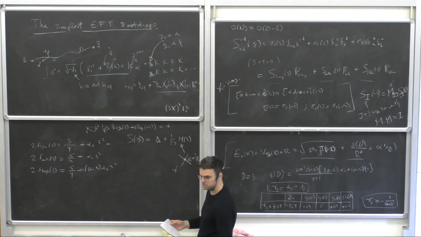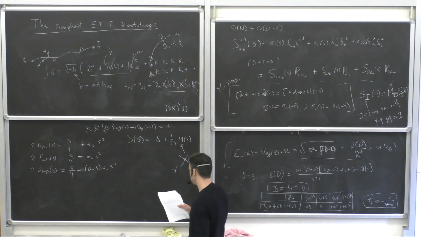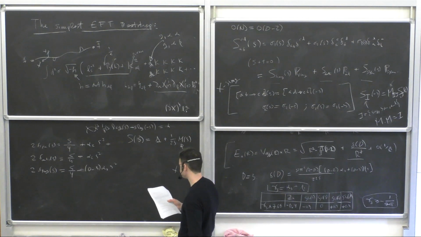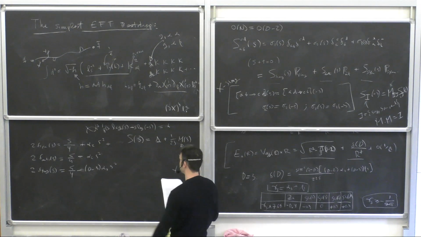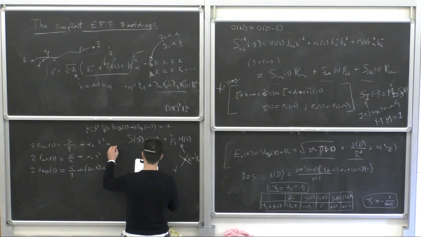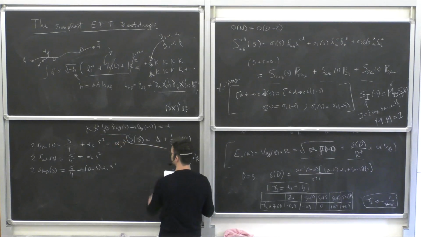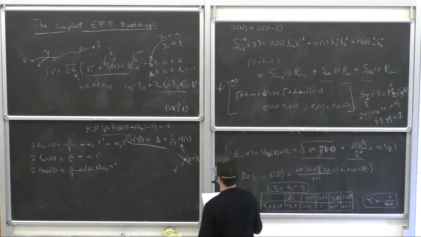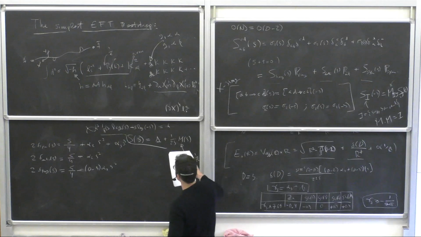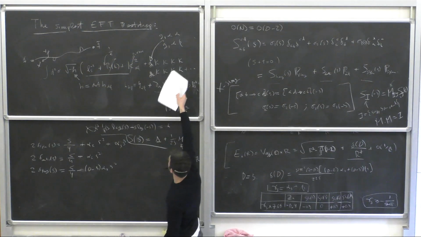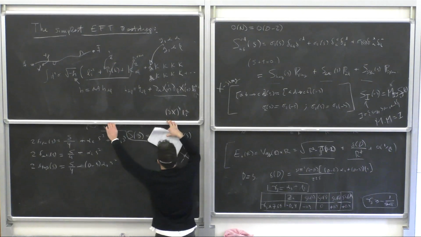It's not ambiguous. There's nothing ambiguous yet. All right. And then the next term is alpha 3 s cube. So alpha 3 again is this term over here.